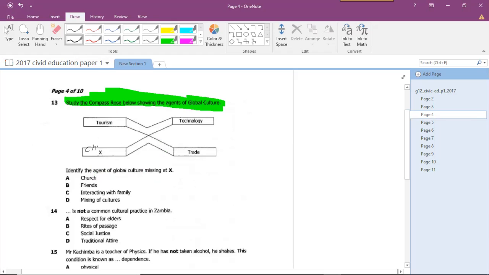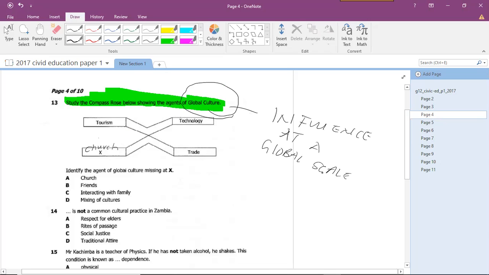The church is missing there. We're talking about things that influence, because culture has the ability to influence at a global scale. That's what they mean when they say agents of global culture.